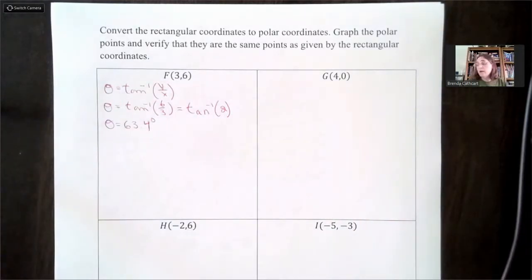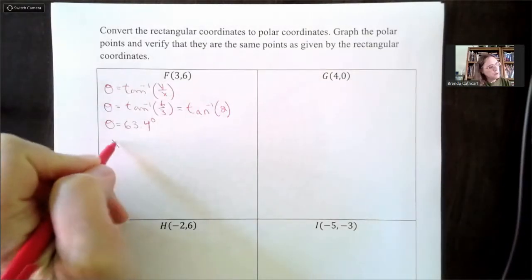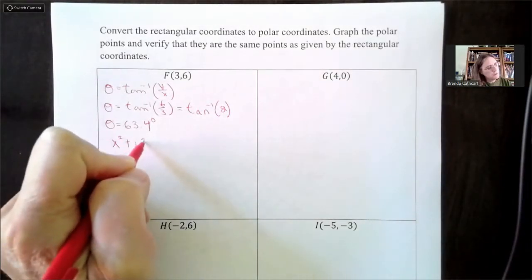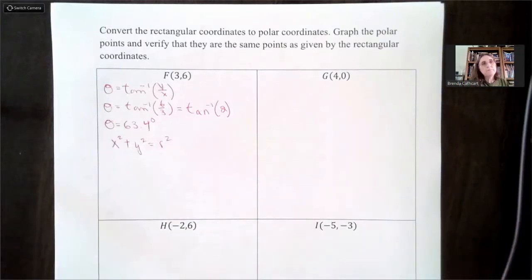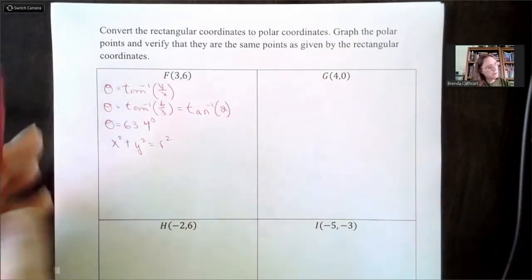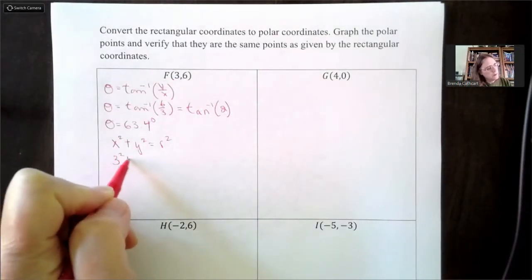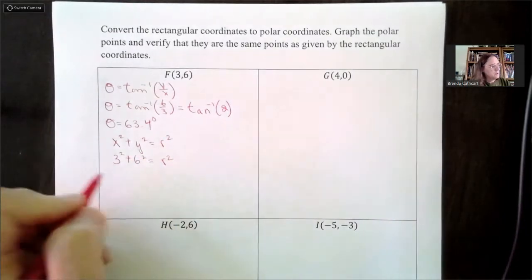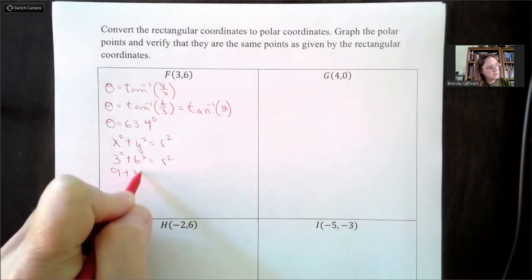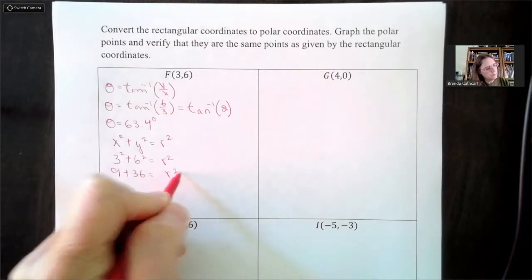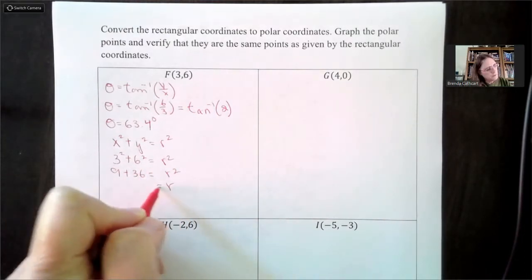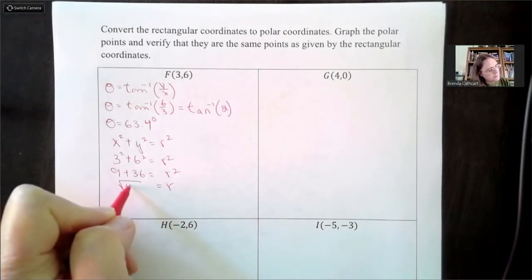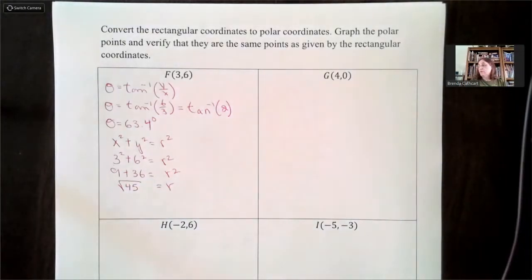Now to find our radius, we use the equation of a circle, x squared plus y squared equals r squared. So we use our x and y: 3 squared plus 6 squared equals r squared. So 9 plus 36 is equal to the radius squared. So the radius is going to equal the square root of 45.